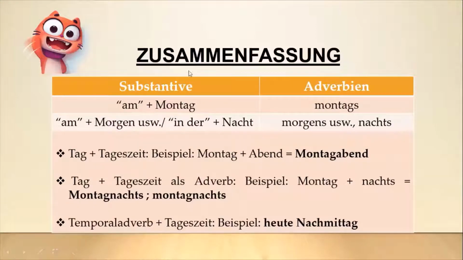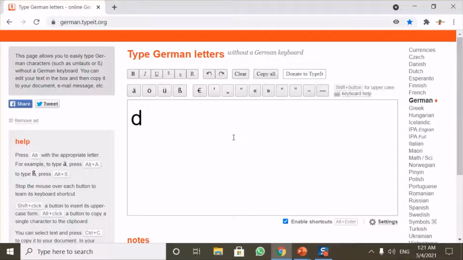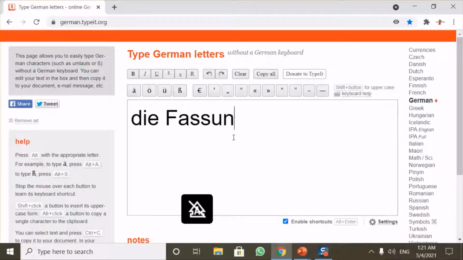summary in German is die Zusammenfassung. Now there is a way to remember this big word to mean summary. Die Fassung is the text. So any text is die Fassung.